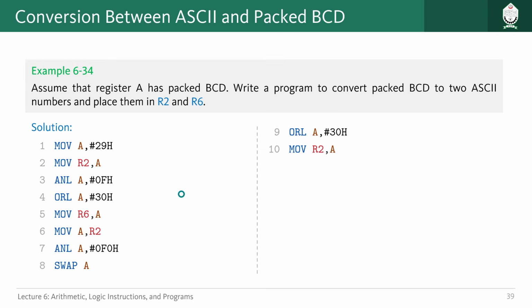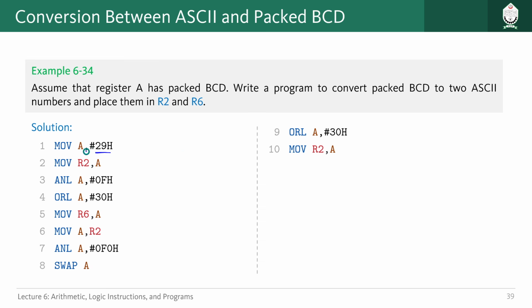Here we will try to convert a packed BCD into its ASCII representation. That value is 29. Let us look at the example. Assume that register A has a packed BCD. Write a program to convert packed BCD to two ASCII numbers and place them into R2 and R6. So for 29 we have to get the ASCII characters for 2 and 9, right?